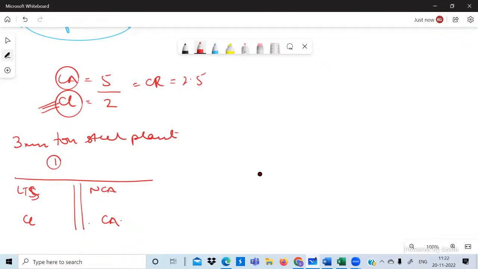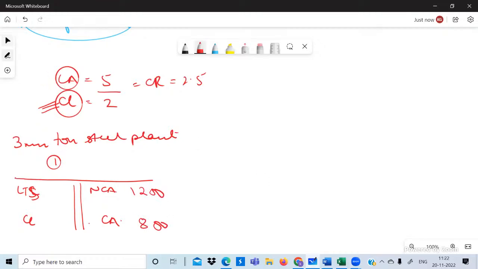So I've got short-term sources and long-term sources. I've got non-current assets and current assets. Let's say I've got in touch with a consultant. The consultant has told me that you need 1200 crores of non-current assets and 800 crores of current assets.